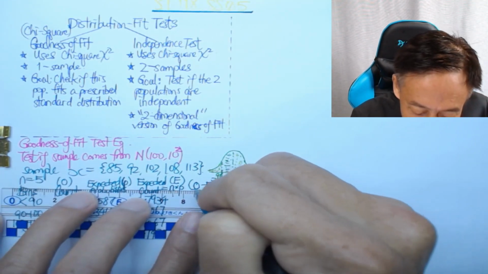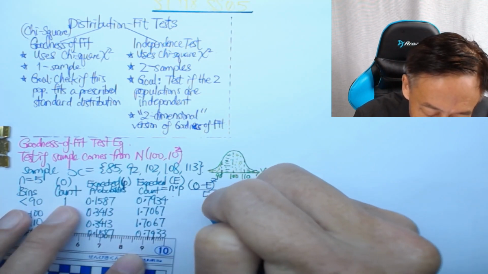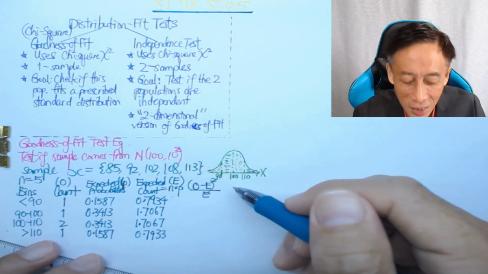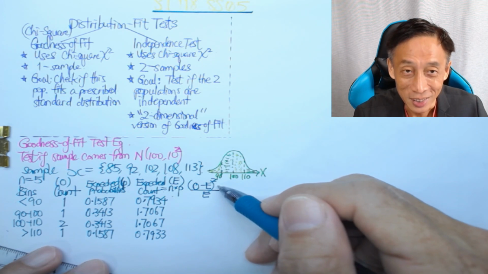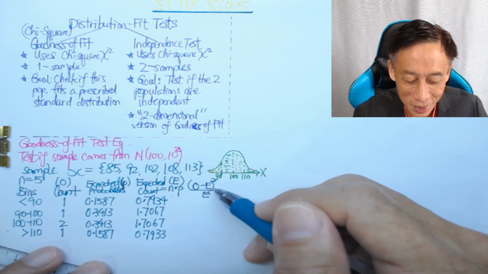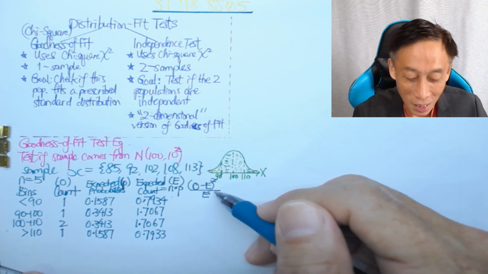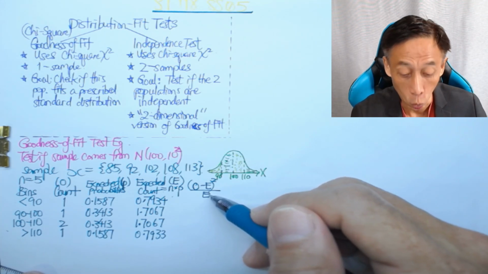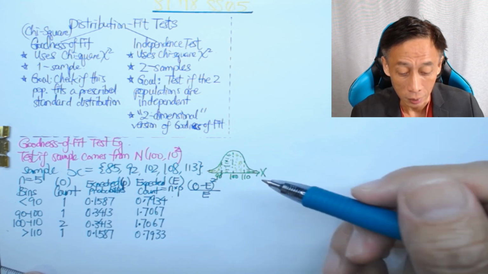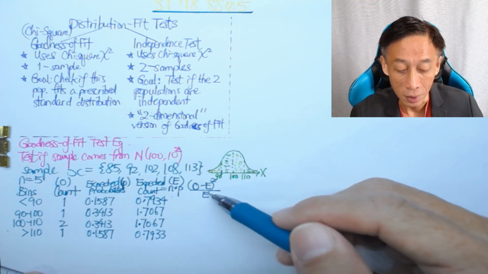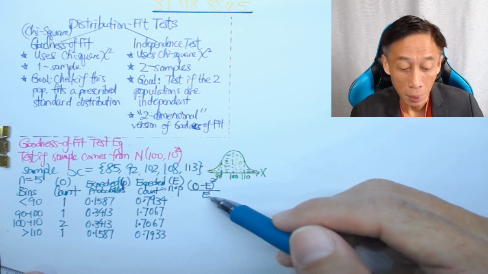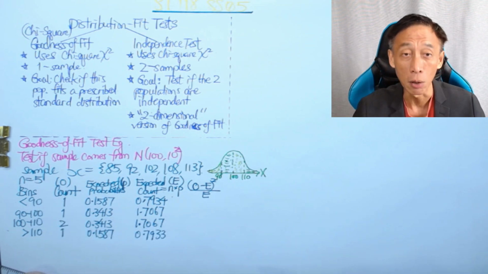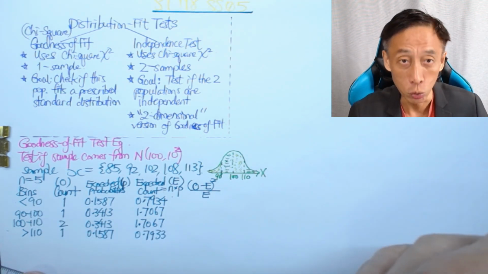So the formula is going to be calculating the relative squared differences in frequencies. Let me say again, the relative because there is an over E, over the expected. So why over the expected, not over the count? Because expected is what we are assuming. Remember, throughout our hypothesis calculations, we assume H0 is true.